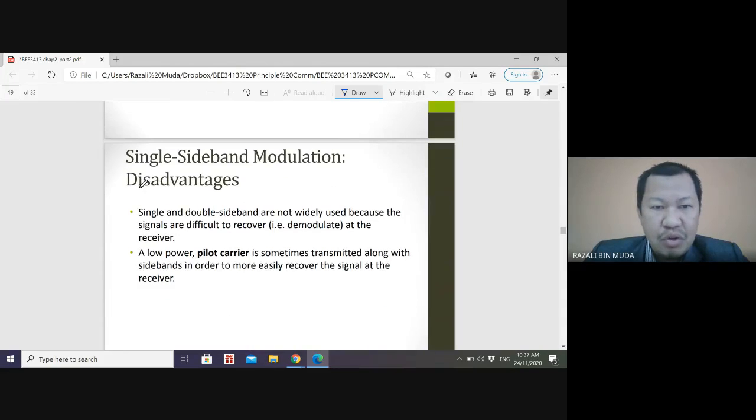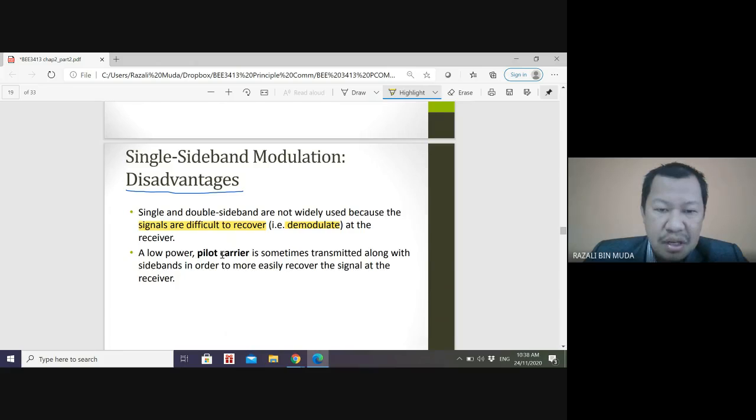However, it also has disadvantages. The first is that single and double sideband are not widely used because the signals are difficult to recover, or to demodulate. The demodulation part is complex. The second is that at low power, a pilot carrier is sometimes transmitted along with the sideband in order to more easily recover the signal at the receiver.